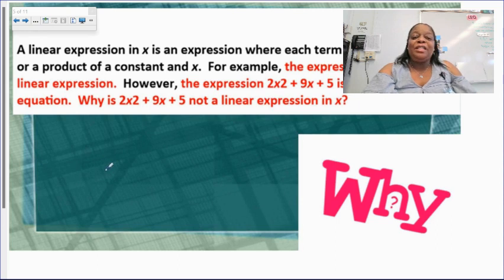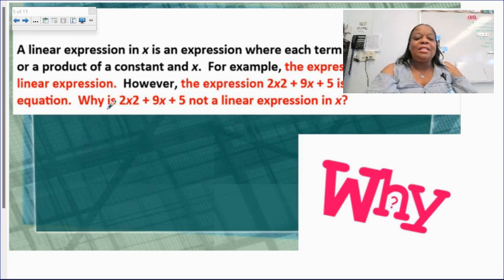All right, a linear expression is an expression in which each term is either a constant or the product of a constant and x. So let's see, if you have 5x minus 7 minus x, that's a linear expression, okay, because x is not raised to any power and there's no equal sign.